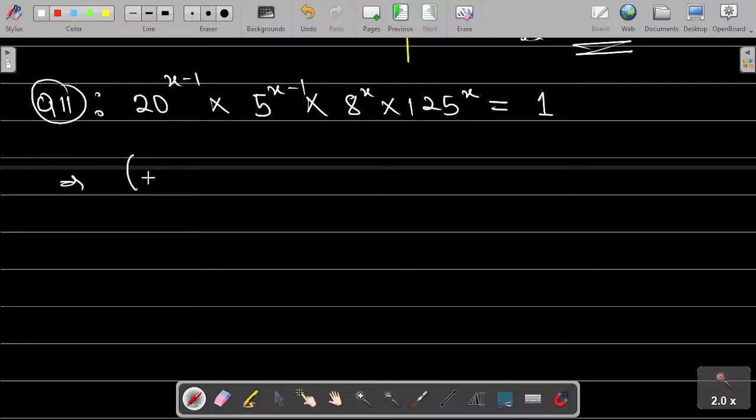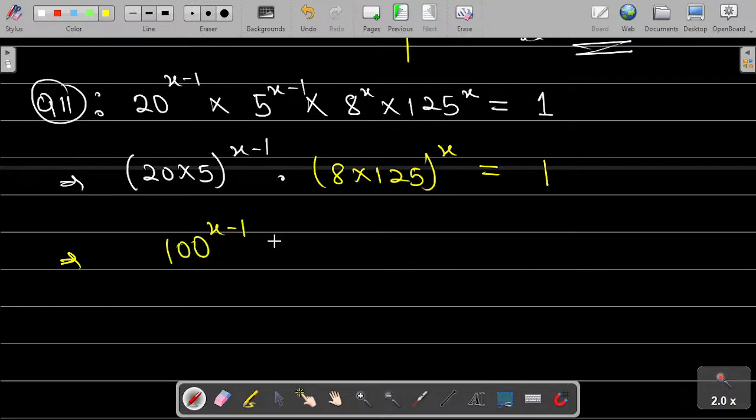So you have 20 times 5 all raised to the power of x minus 1, then multiplied by 8 times 125 all raised to the power of x, all equal to 1. From here, this is the same thing as 100 to the power of x minus 1 times 1000 to the power of x, all equal to 1.